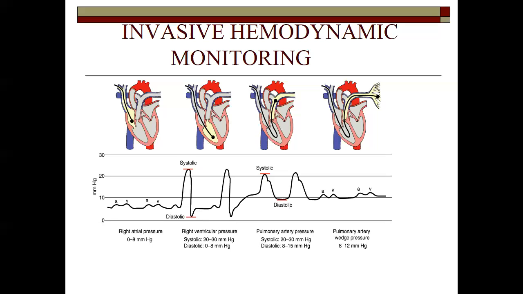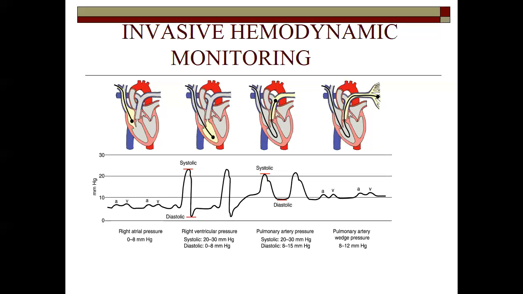My practice will re-advance it, but we don't do that in the back of the truck, because if we advance it, we have to advance it across the pulmonic valve. The other thing that could happen is a wedge, a pulmonary artery wedge pressure.